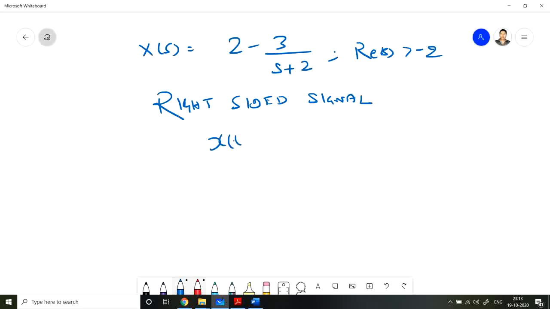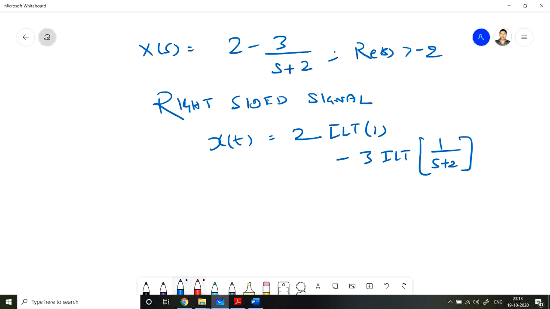So x(t) is nothing but 2 times the inverse Laplace transform of 1, minus 3 times the inverse Laplace transform of 1 divided by s plus 2. What is the inverse Laplace transform of 1? This is delta t, because delta t has Laplace transform 1.